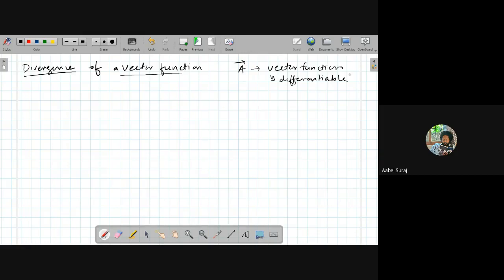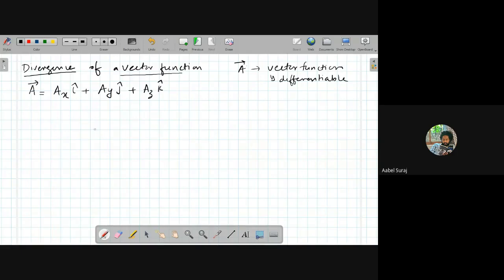So let's define A as Ax i cap plus Ay j cap plus Az k cap, a three-dimensional vector differentiable function.